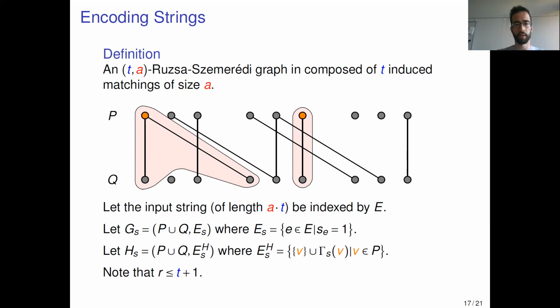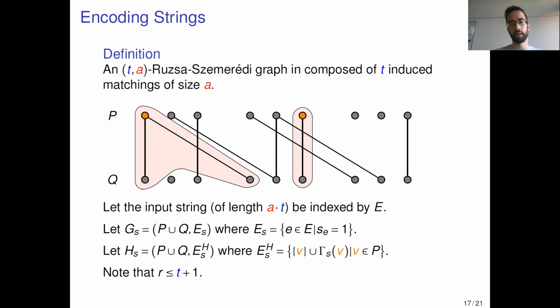And we call the P side vertex the root of the hyperedge. And so here are two pictured. Not all of them are pictured, obviously. And one can also note that we get a nice bound on the arity of the hypergraph. So this is it. We have now encoded a string into a hypergraph.